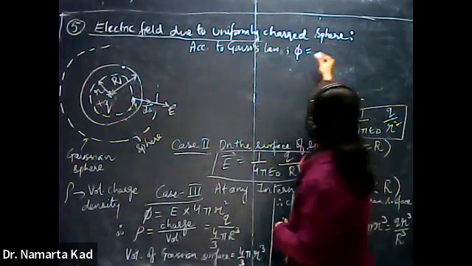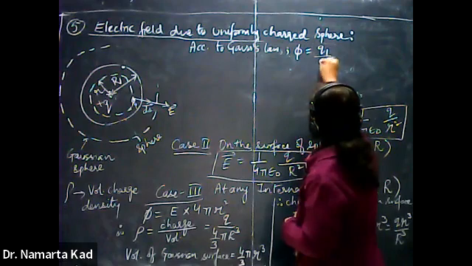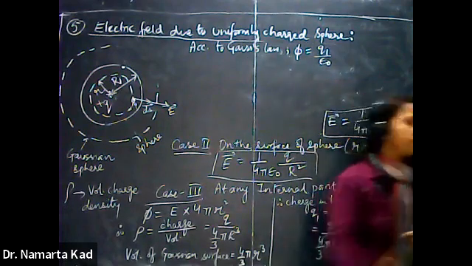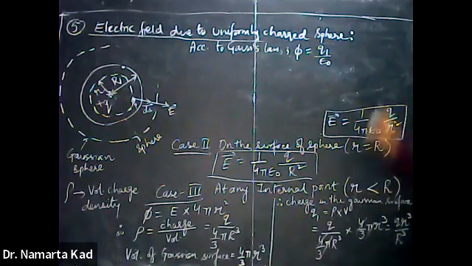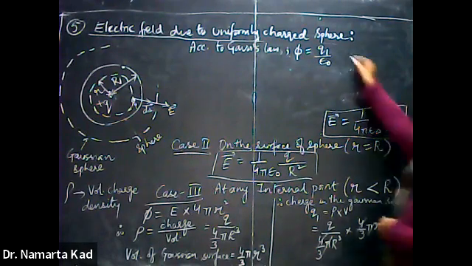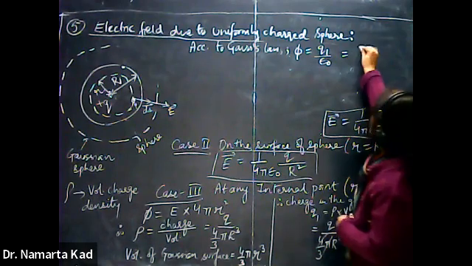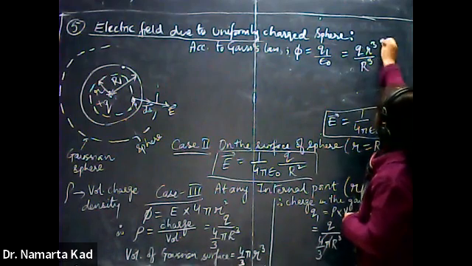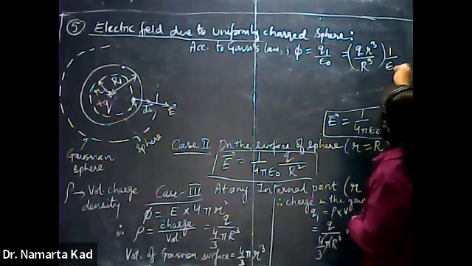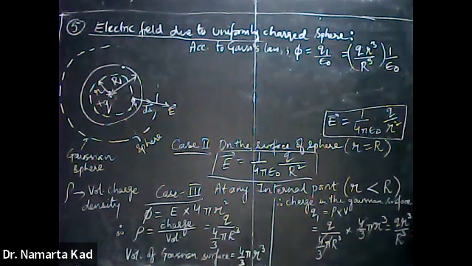So it comes out to be Q1 divided by epsilon naught. Here you do not have to take Q, it is Q1 by epsilon naught, and Q1 is this much. So here it comes out to be Q into r cube divided by R cube, into 1 by epsilon naught. That is as per Gauss's law.